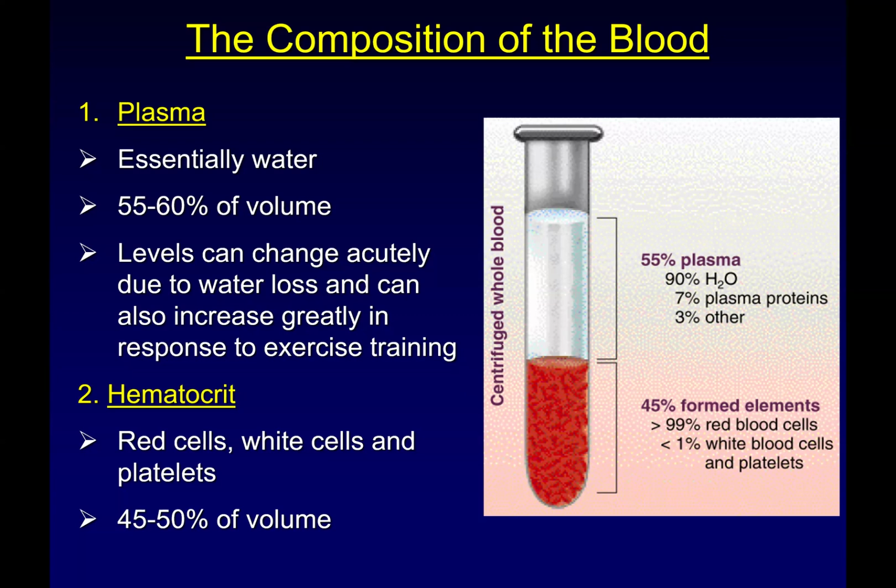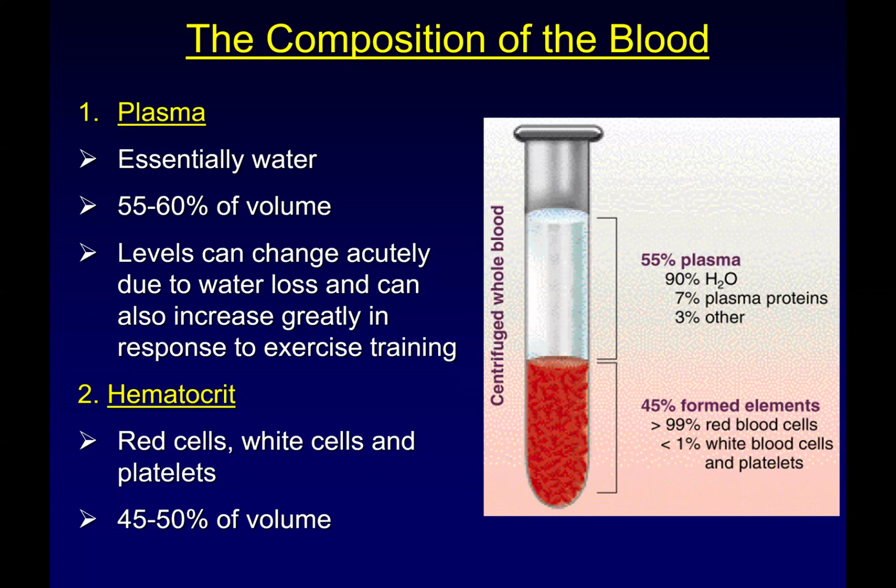Okay. Now, also in there is a thing that we call hematocrit. Hematocrit is the cells, okay, and 99% of your hematocrit is red blood cells. Then there's white blood cells and platelets that make up the last little 1%.